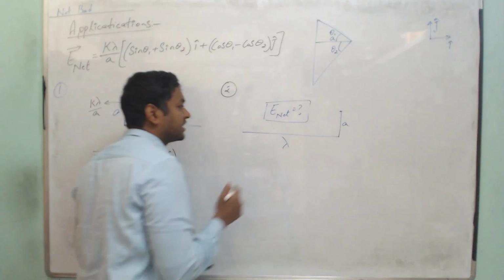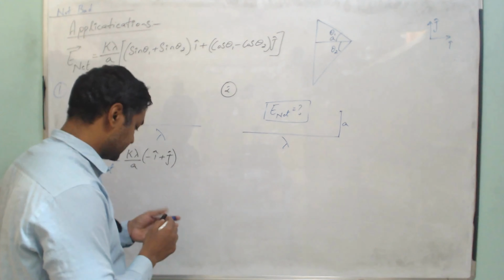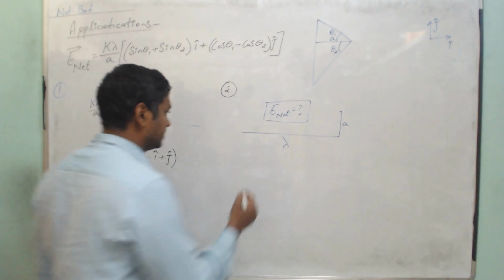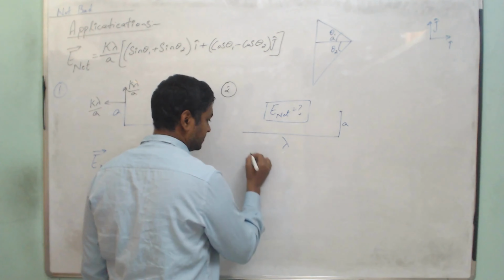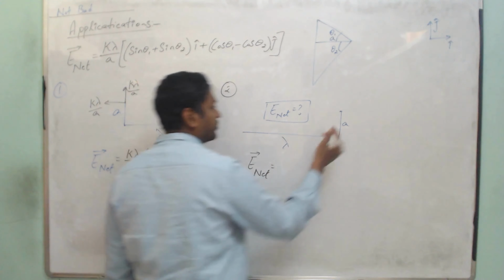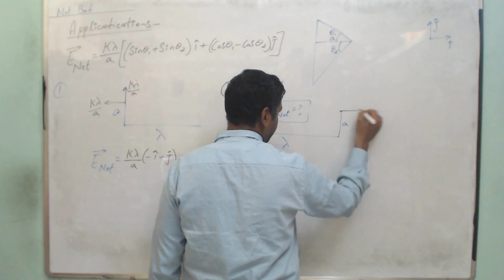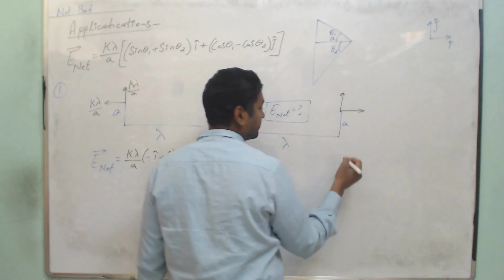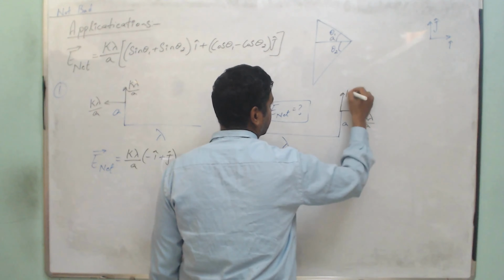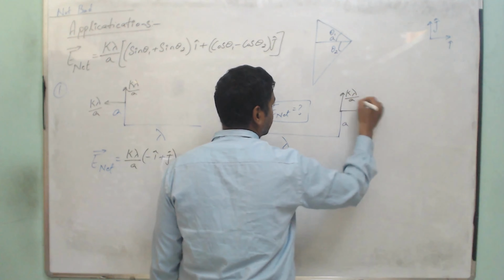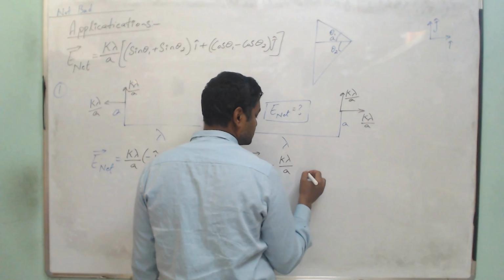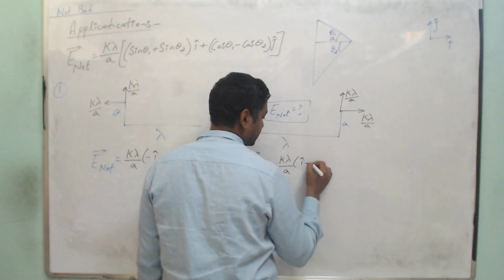So in terms of I cap and J cap, what will I get the answer as? K lambda by A, I cap. E bar net is equal to, so first I'll draw in the figure, one K lambda by A will be in that direction, the other K lambda by A will be in the upward direction, correct? Yes, sir. So therefore, this will become K lambda by A, I cap plus J cap.